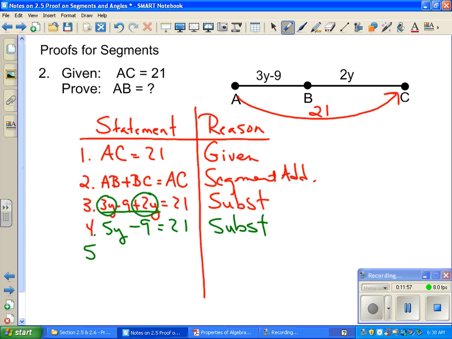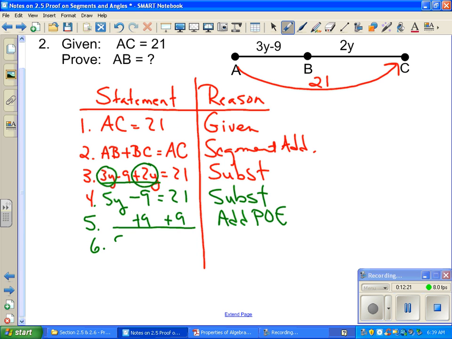So now in step number 5, we need to finish solving this two-step equation that we're very familiar with. We know that we got to do the opposite of the one that doesn't have the letter first. So we're going to add 9. And that makes it addition property of equality because we're adding. And then we add that up, and that allows us to say 5y equals 30.